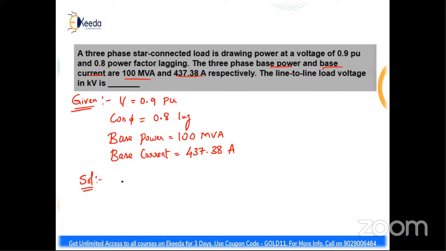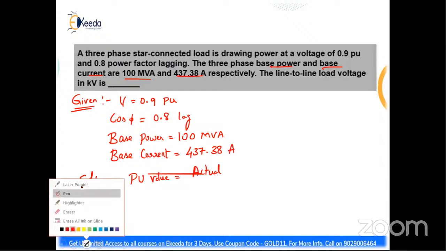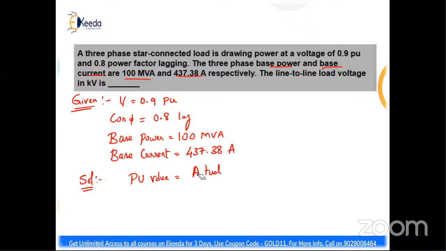Solution is, we know that the pu value is equal to the actual value divided by the base value, right?